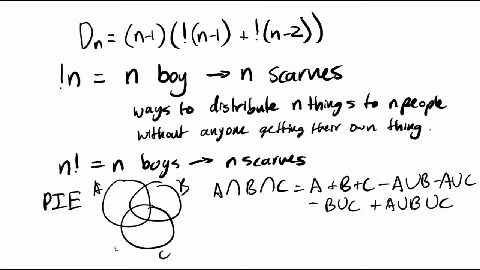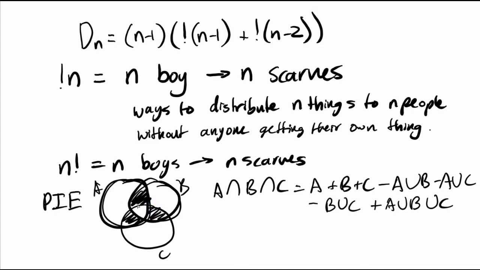Essentially, the principle of inclusion-exclusion means that whenever you're counting the total number of things in a certain set, and these sets intersect, you add up the elements of each set, subtract their intersections, and then add back the intersection of all three. When you add these circles together, you're overcounting the intersections. You're counting them twice, for instance. After counting this circle and this circle, this area is counted twice, this area is counted twice, and this area is counted twice.